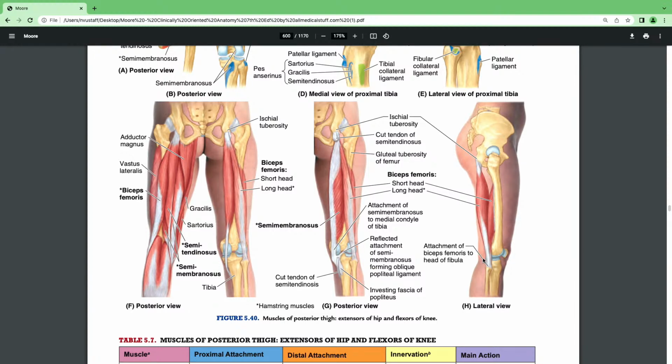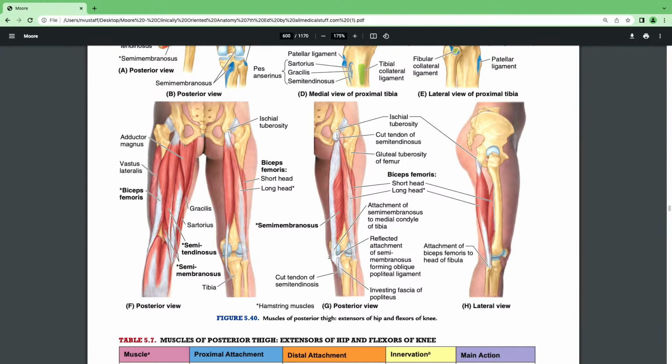It's biceps femoris. The second one is semitendinosus, and the third one is semimembranosus. So these are the 3 main muscles that you can find in the posterior compartment of the thigh.